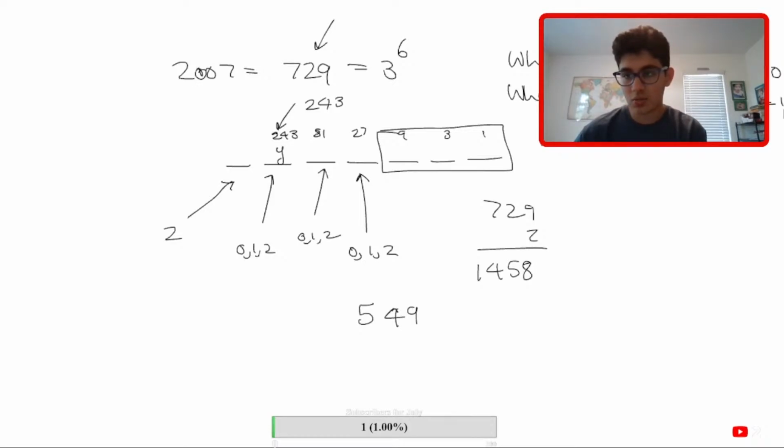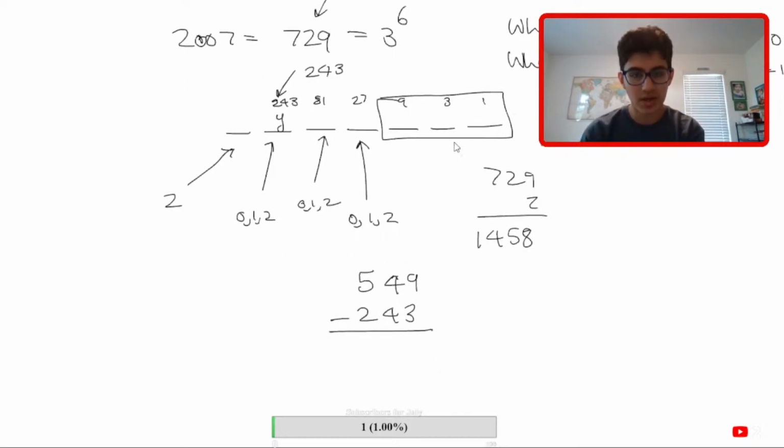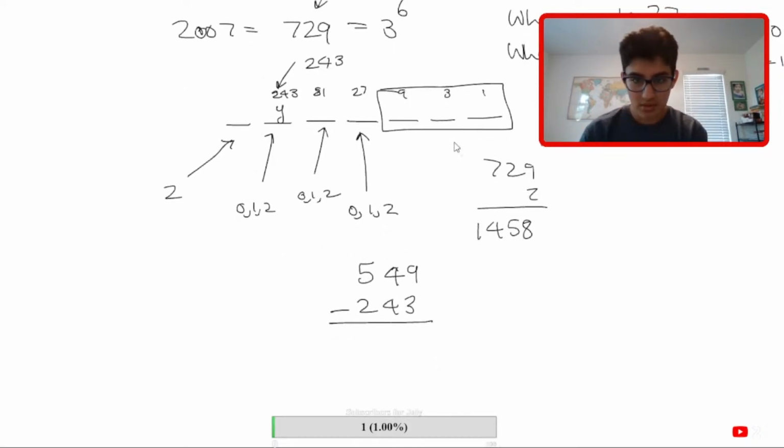When y is equal to 1, then you have to subtract off 243. And you'll also have to subtract off a 3. But that's just so insignificant that I'm not really counting it right now. Nor am I counting the 1 over here. So this gives you 306. And when you've got a 306, I think you're fine with anything else you put.